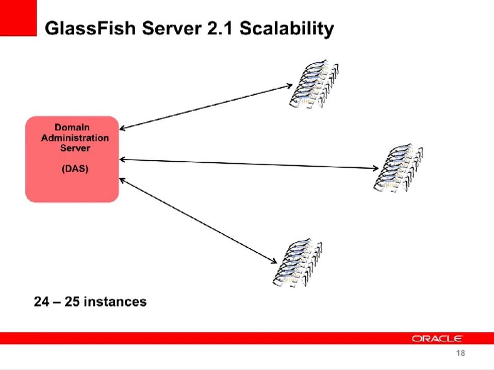Another area that we've worked on has been the scalability of the domain administration server. What you see here is basically a soft cutoff point in terms of manageability. We have no hard limit in GlassFish Server 2.1 in terms of the number of instances that can be managed.